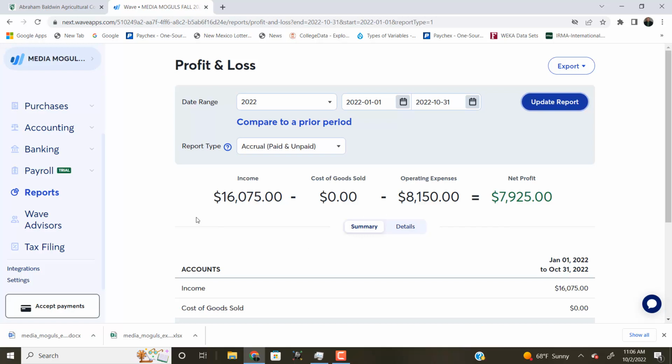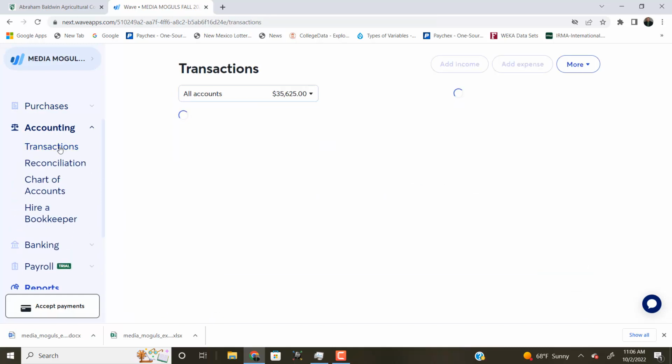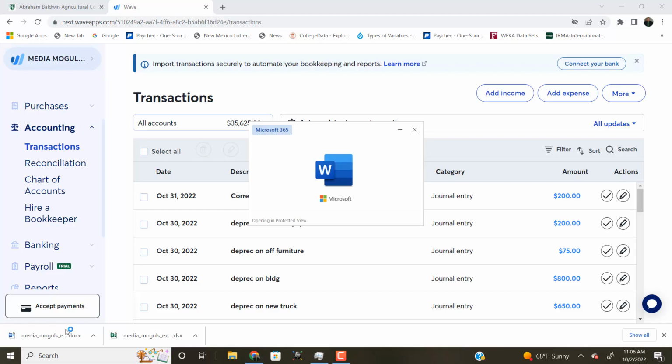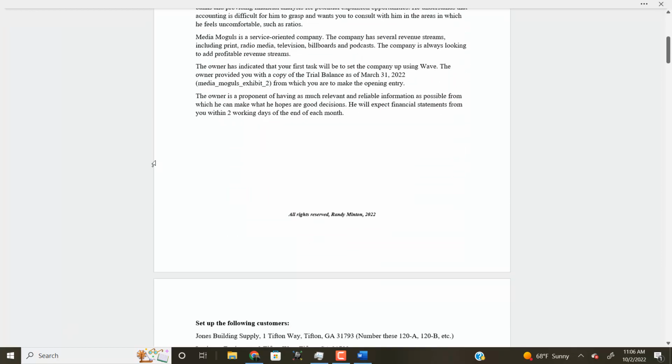Okay, so that takes care of all of the old business, and let's get now to the transactions for the month of November. So we're going to start off, and you need two files up if you're going to follow me. And really, since I'm doing all of the transactions, all you have to do is just follow along with the transactions.